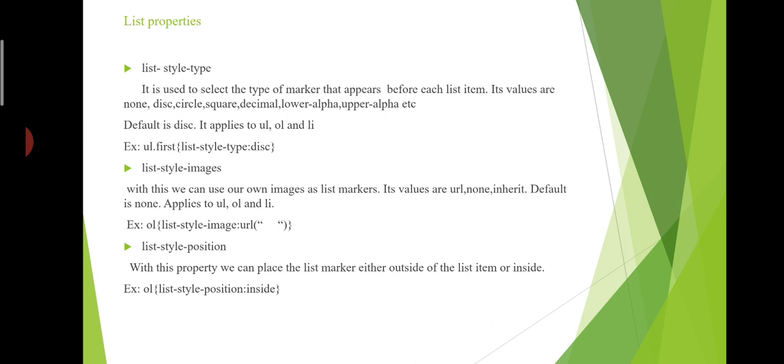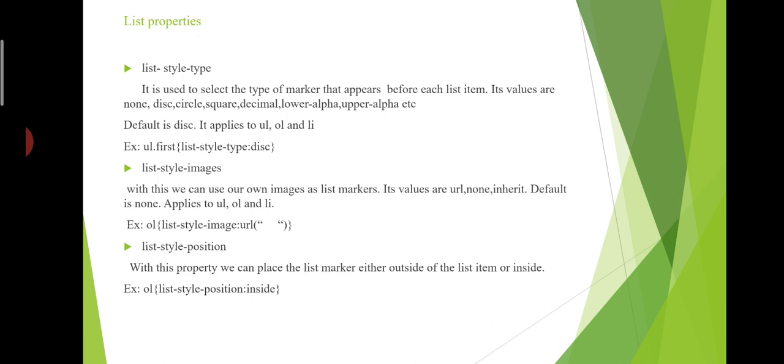Next, coming to the list properties. The first one is list-style-type. It is used to select the type of marker or bullet that appears before each list item.